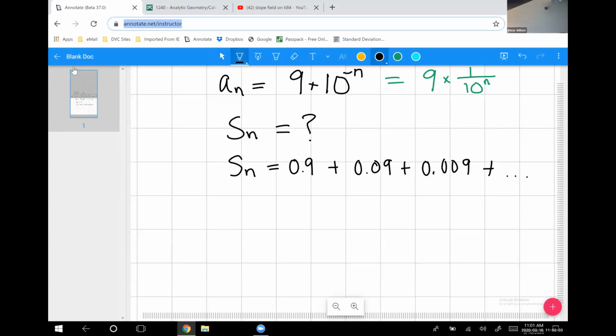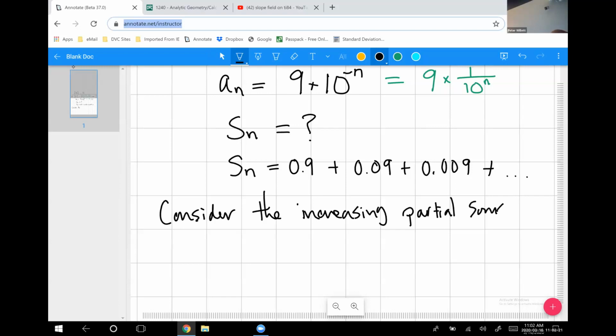So let's say we consider the increasing, meaning increasing in index value, partial sums. S sub 1, the sum of the first one term in the sequence, would be 0.9.